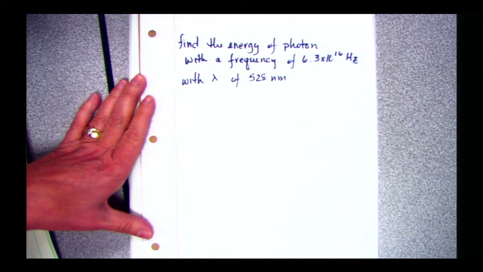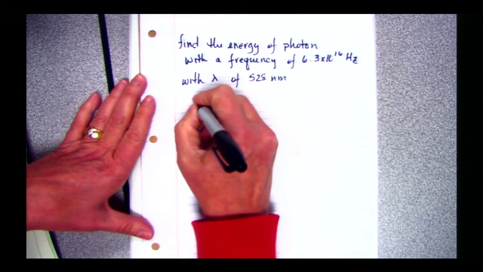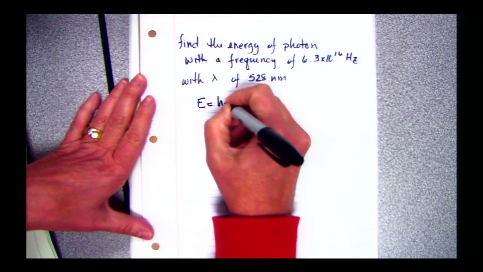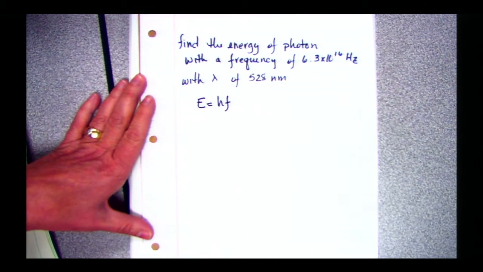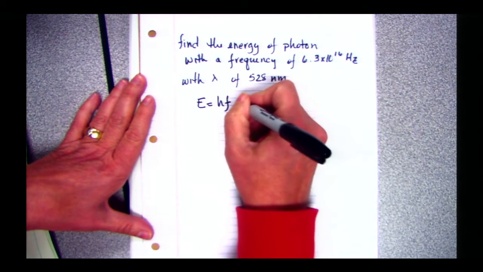So from Planck's equation, you'll see it as the energy is equal to Planck's constant times the frequency. In chemistry, you usually see frequency given by the Greek letter nu, but it's still the same equation.